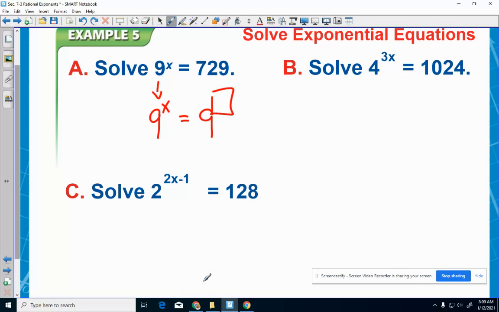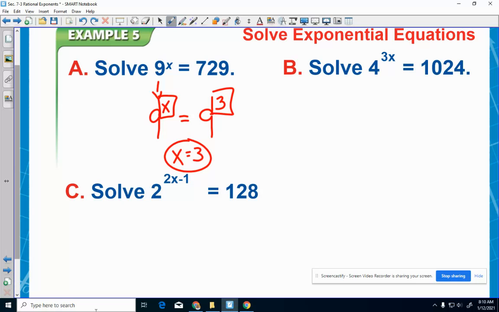Can I come up with a number right there that makes these two equal to each other? And if you take your calculator and try a couple things, you should quickly be able to find out that 9 to the third is equal to 729. So because the bases are the same, they're both 9s, then that must mean that x is equal to 3. And I have solved this equation.